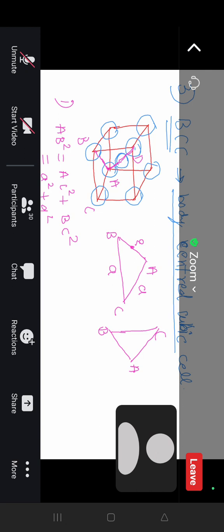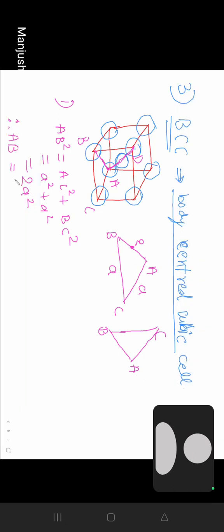Therefore, AB is equal to root 2 a. Followed? Now we found out the value of this, that is root 2 a, the length AB.